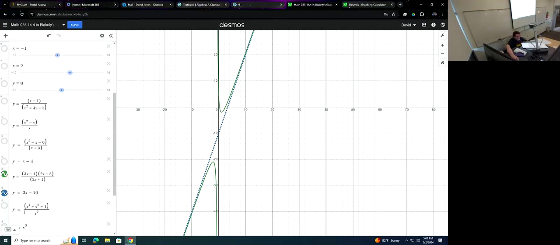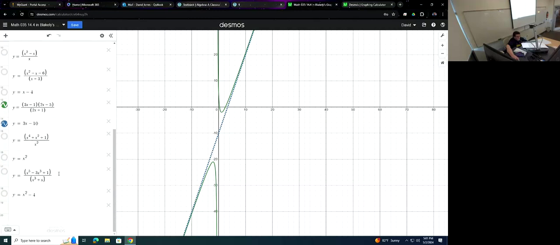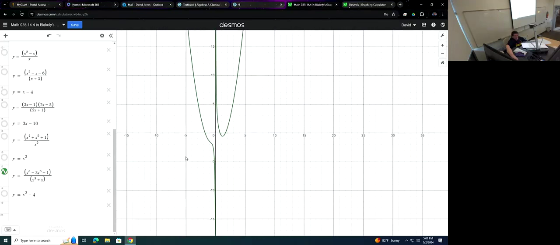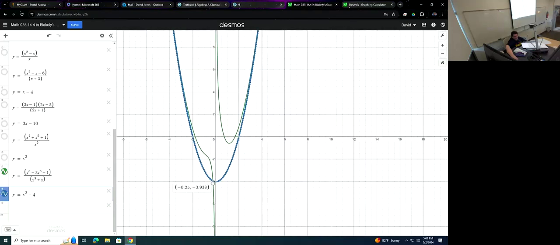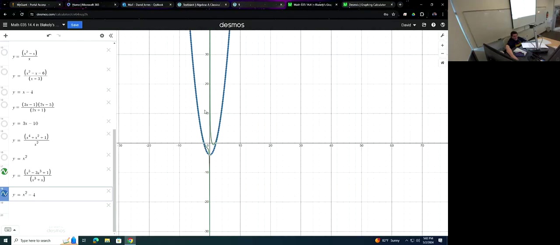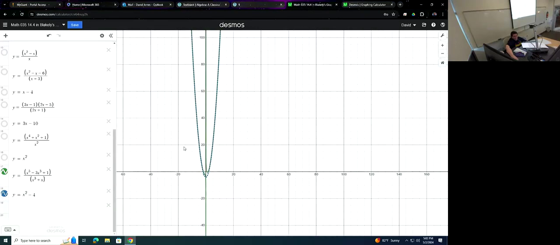If you try other ones that are non-linear where they have weird stuff like this, when you do polynomial division, you get that. And while it does cross this asymptote right here, as you zoom out, left and right, it looks like the asymptote.